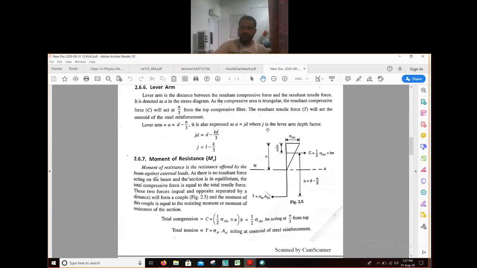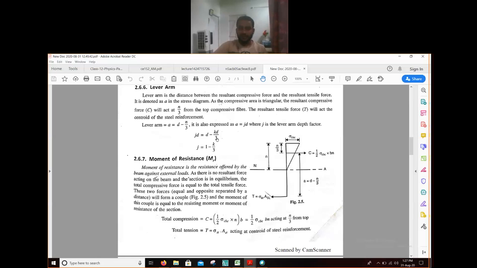I will show you the values of J and K. Now if you put a equal to Jd in this formula, we can find the value of J: J equal to 1 minus K by 3. So now I think you have understood that if the J value is given, we can find the value of K, and similarly, if the K value is given in the question, we can find J directly.